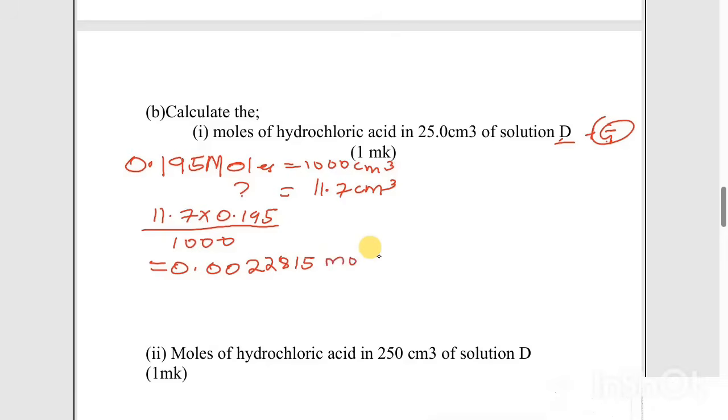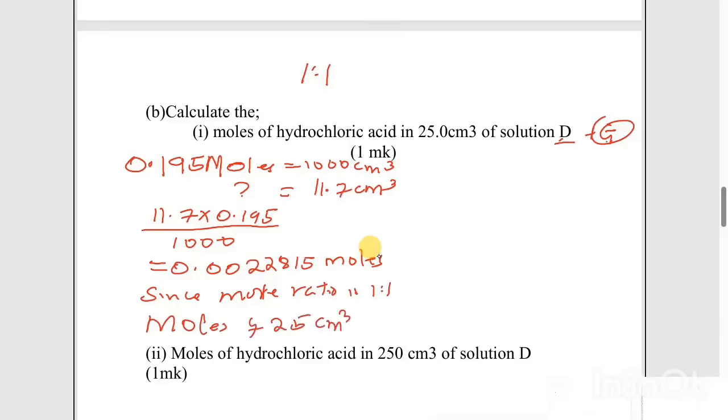So moles. But we know when sodium hydroxide is reacting with HCl, the mole ratio is 1 to 1. So since the mole ratio is 1 to 1, it means that moles of 25 centimeters cube solution D that reacted with 11.7 centimeters cube of G is the same, 0.0022815, because the ratio is 1 to 1.